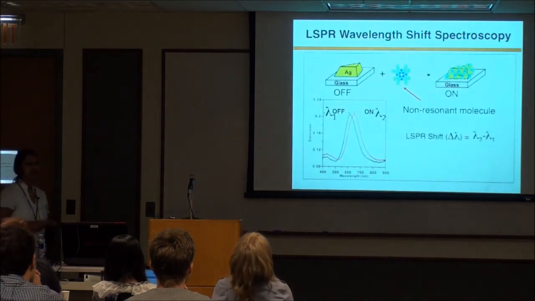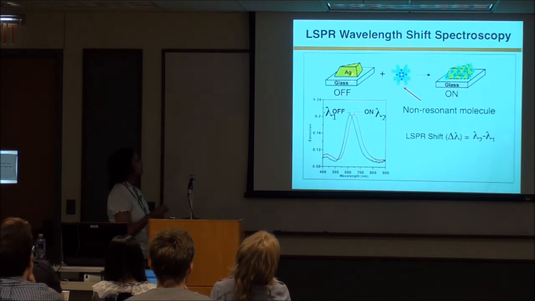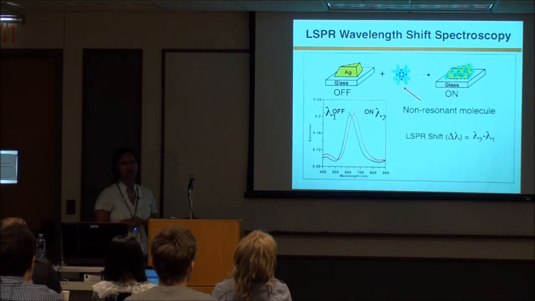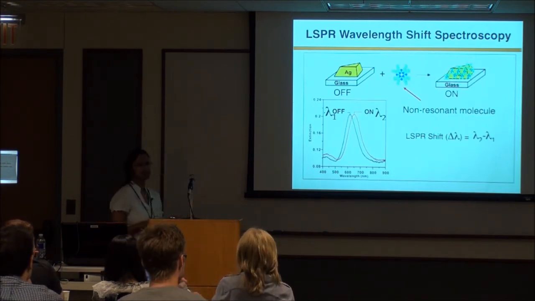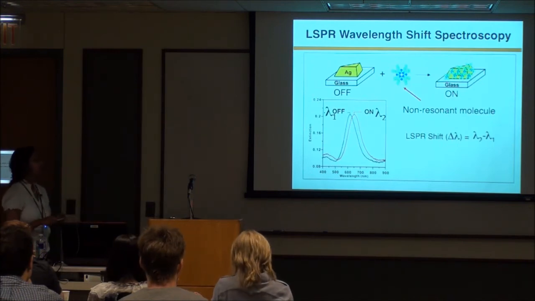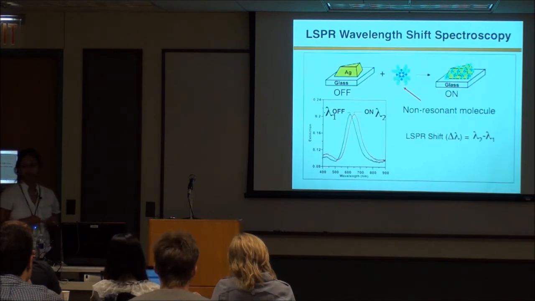So what is LSPR wavelength shift spectroscopy? If you have a glass and a silver nanoparticle, consider this as a non-resonant adsorbate, then the shift is directly proportional to the refractive index change. But what happens if this non-resonant molecule is now replaced with a resonant molecule?